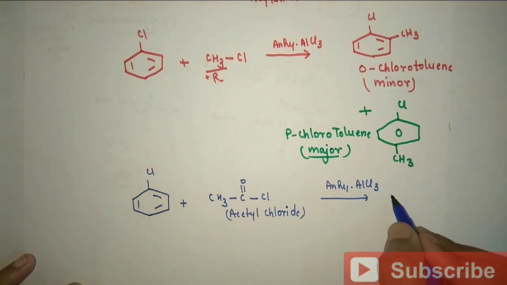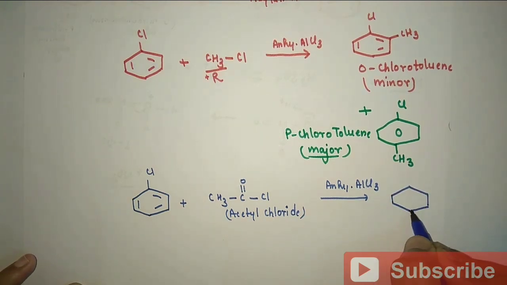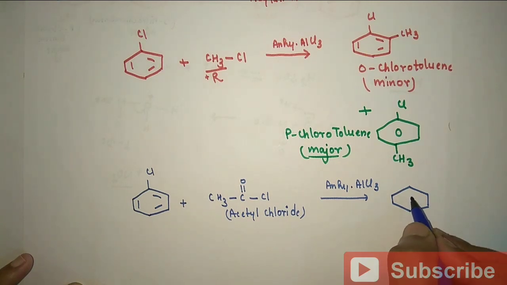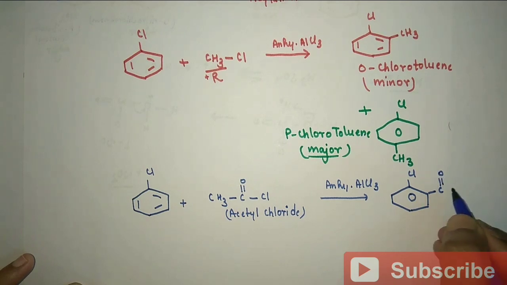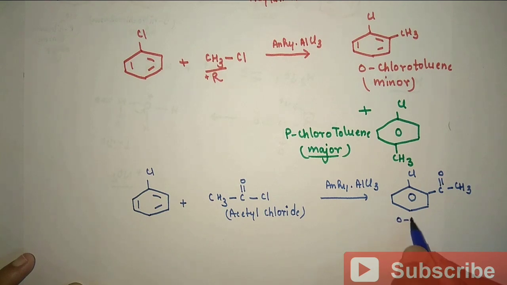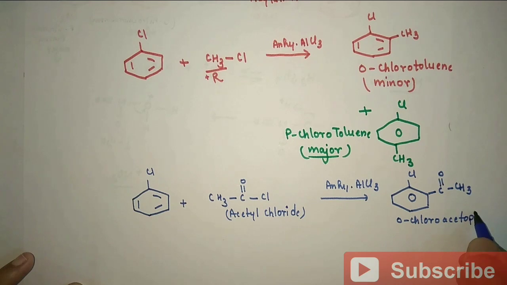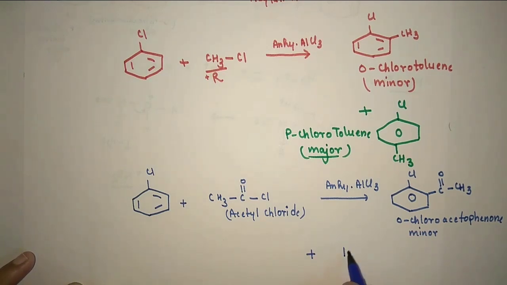It forms orthochloroacetophenone. So the acyl group is attached on the ortho position, that is COCH3. This is orthochloroacetophenone, and this is minor, and the major product will be parachloroacetophenone, COCH3.